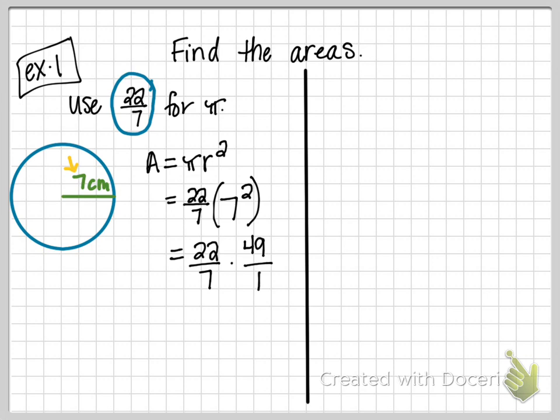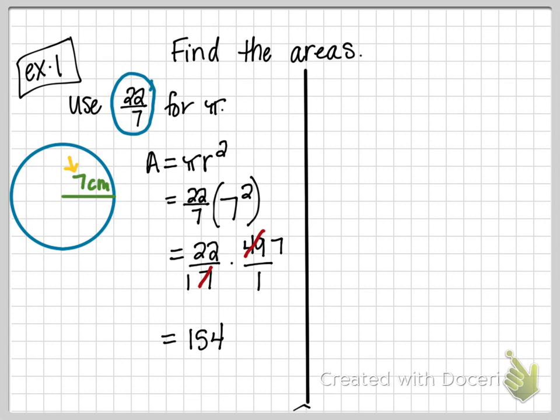And then the reason that we can use 22/7 and why they recommend it is because we can cross simplify. 7 goes into 7 one time, 7 goes into 49 7 times, then I can just multiply my numerators and multiply by my denominators, and I'll have a whole number. So 22 times 7 is 154.